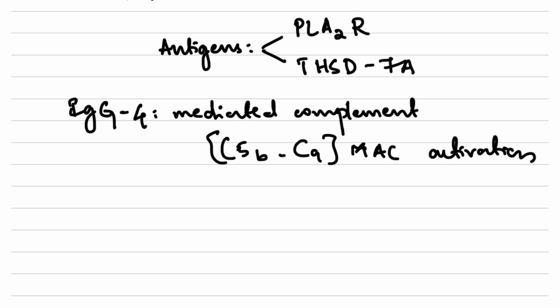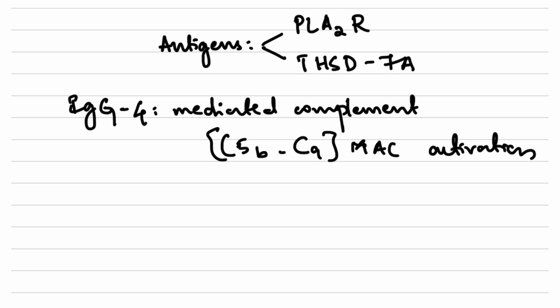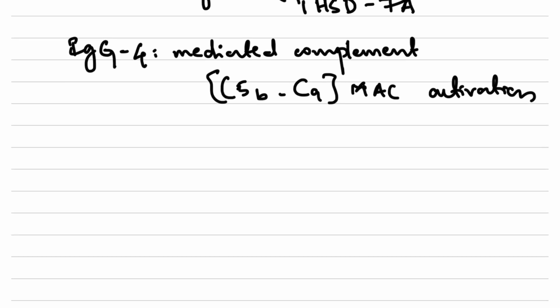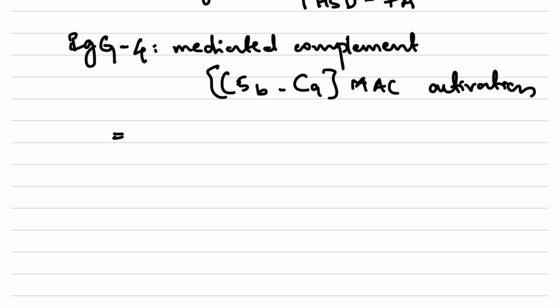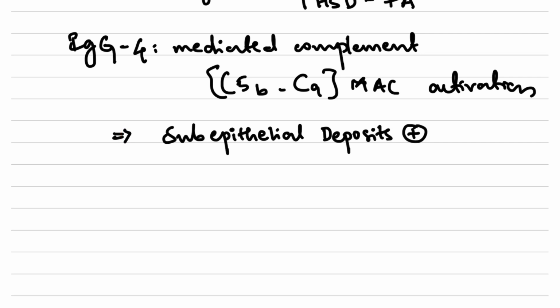So when IgG4 binds with the antigens PLA2R and THSD7A, it leads to antigen antibody complexes, and these complexes are deposited in the subepithelial space. So there is subepithelial deposition, and this is what we see in membranous nephropathy.